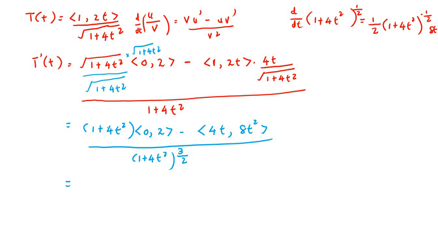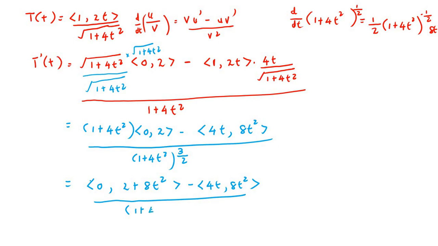Okay, now we can simplify. Component i for the first term is 1 plus 4t squared times 0i, so component i for the first one is 0, and this is component j. So component j is 2 plus 8t squared, minus 8t squared, divided by 1 plus 4t squared to the power 3 over 2.